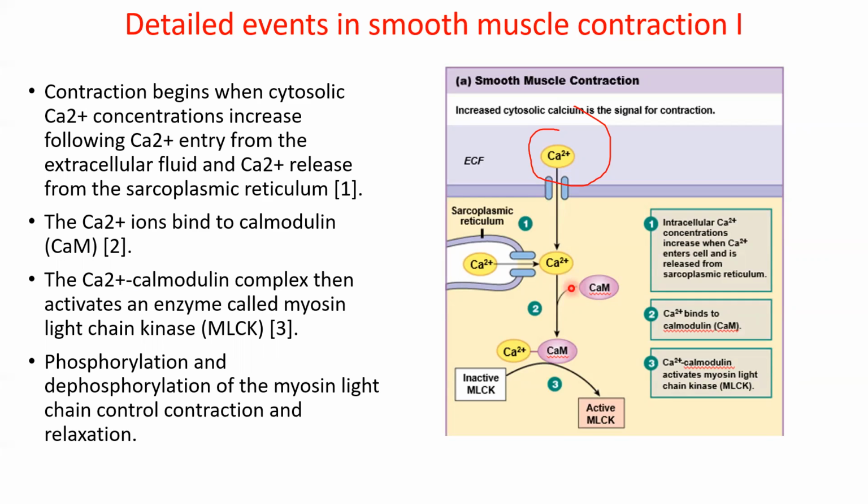Remember troponin in skeletal? Same thing here. Calmodulin will now activate myosin light chain kinase. Myosin light chain kinase will then phosphorylate the myosin head. And when you have phosphorylation of the myosin head, it will now be able to contract.